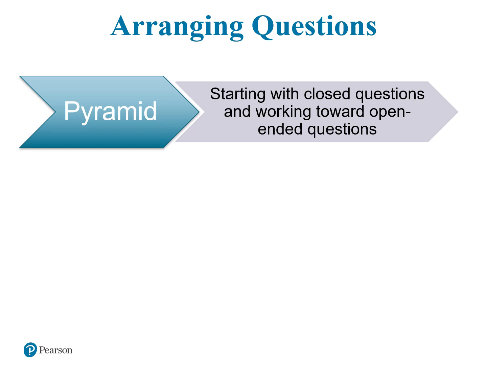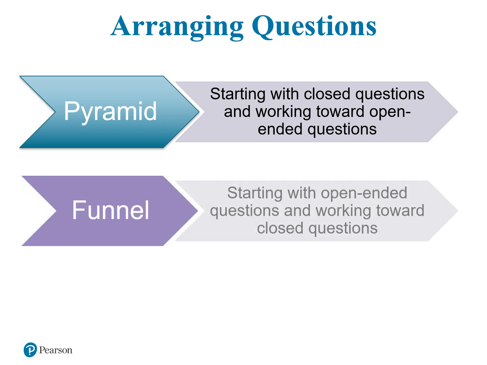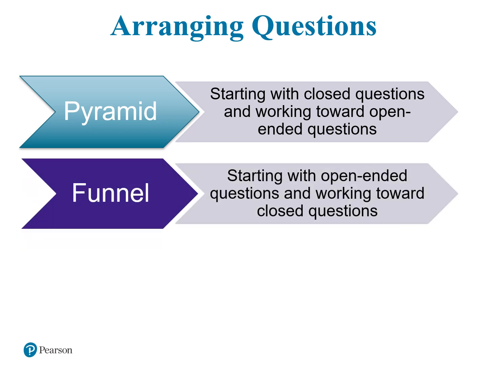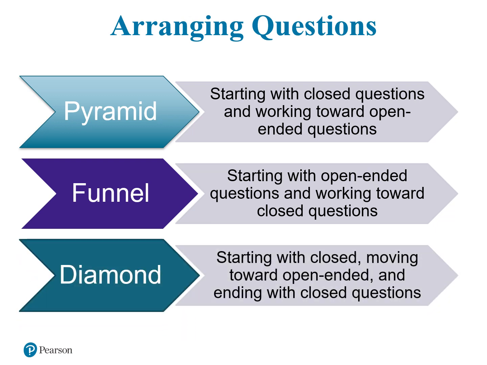For the pyramid method, we start with closed questions and work toward open-ended questions, whereas the funnel starts with open-ended questions and works toward closed questions. Diamond starts with closed, moves toward open-ended, and then ends with closed questions.